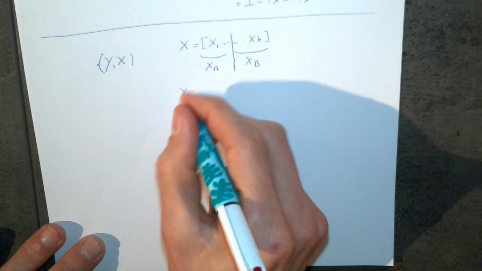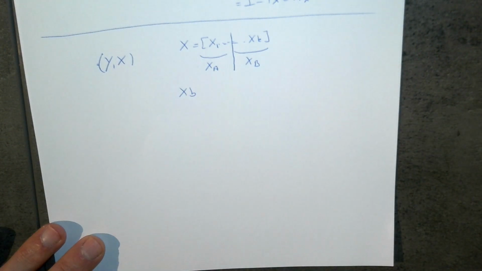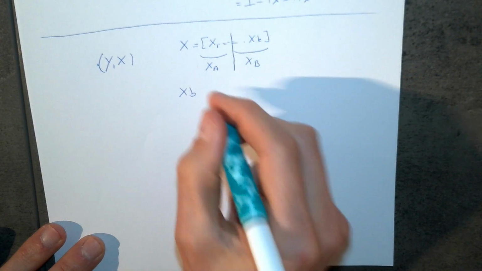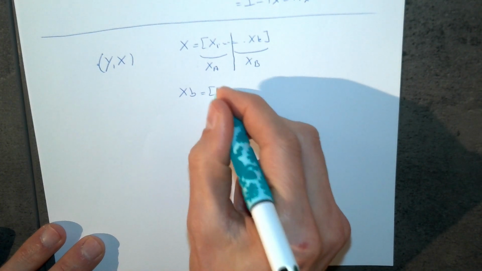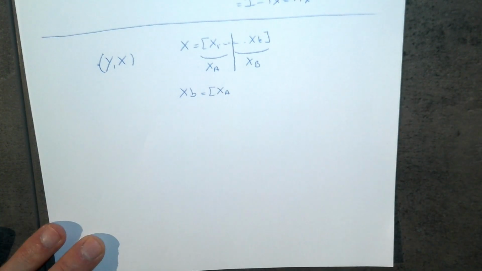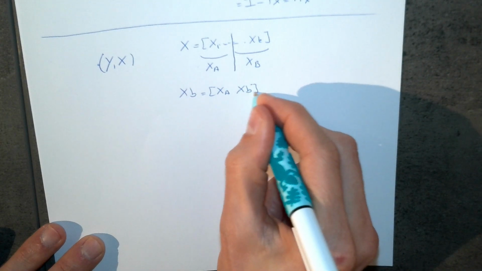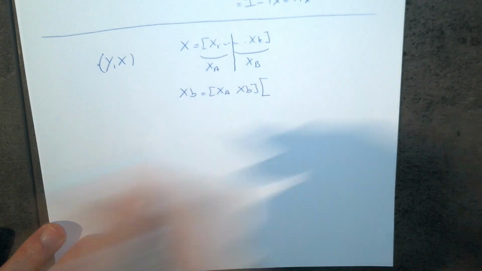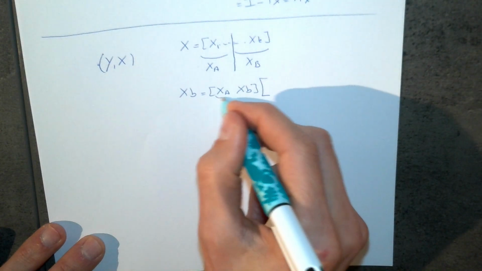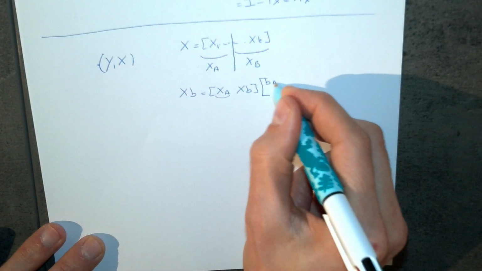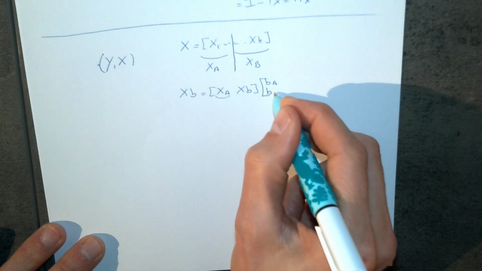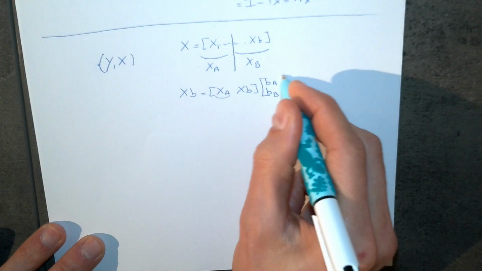So X times b, this matrix product, you can now write X as composed of Xa and Xb, and then you multiply by b, so b also will have two components: the components for Xa, which we call ba, and the components for Xb, which we call bb.